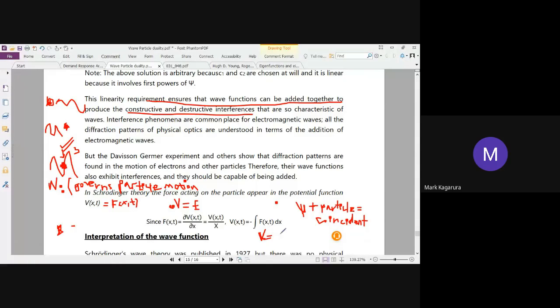V is equal to... I think this bit is almost a bit like potential. I think a bit, no, it's not the same.